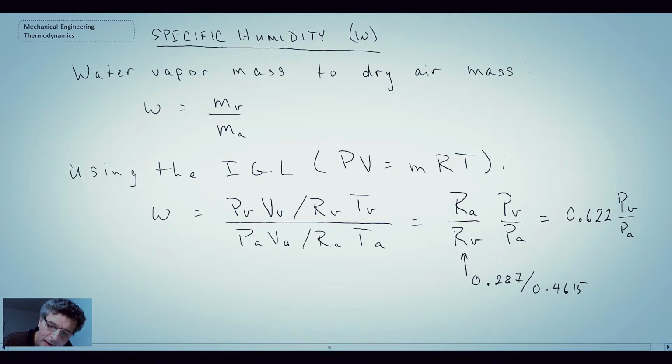So we get that, and in the numerator is the vapor pressure of the water vapor, and in the denominator is the pressure of the atmospheric air.